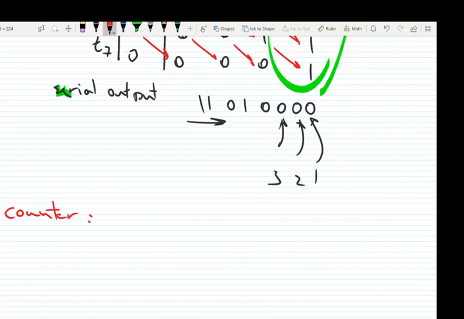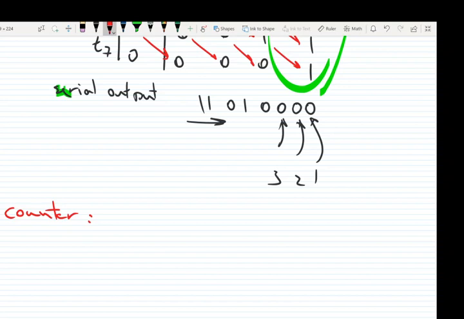Counters can be built in so many different ways with different types of registers and flip-flops: T flip-flop, D flip-flop, JK flip-flop, and different methods. We have different types of counters. What is a counter?